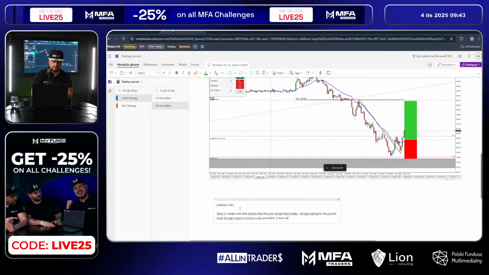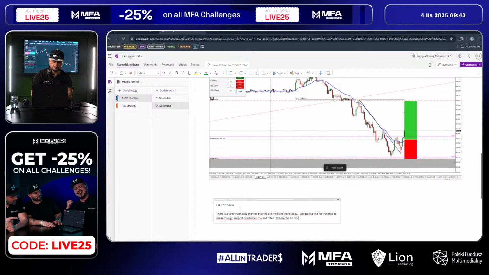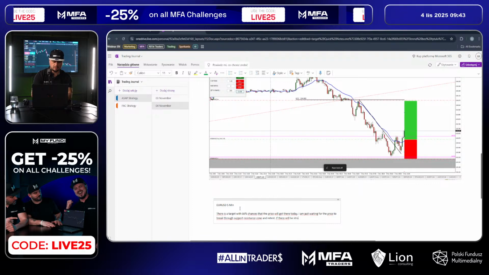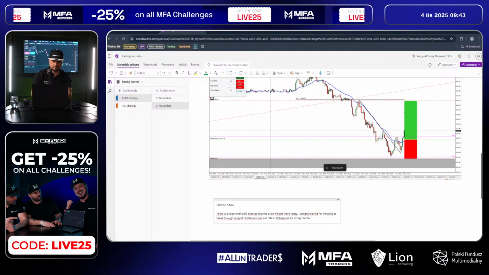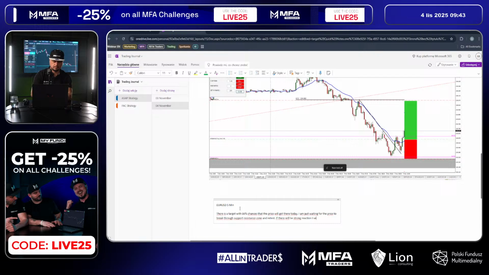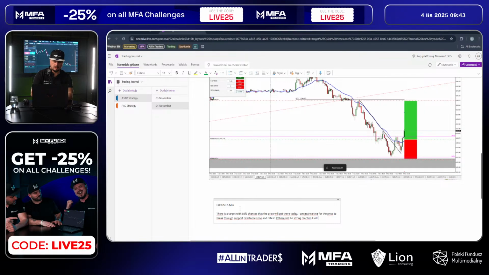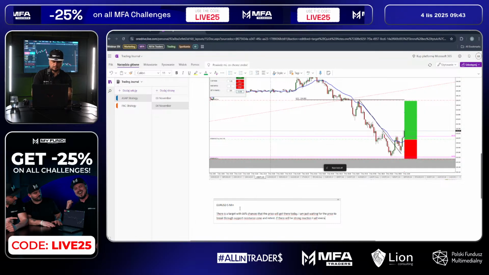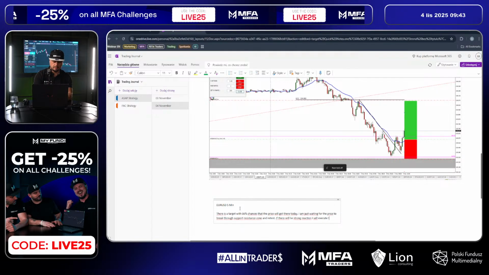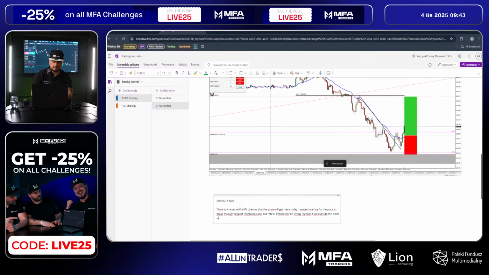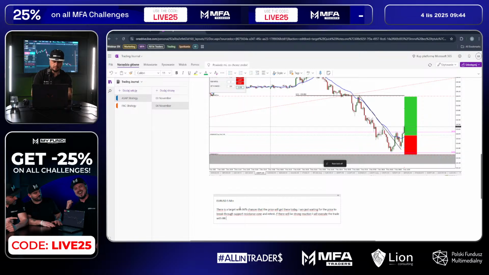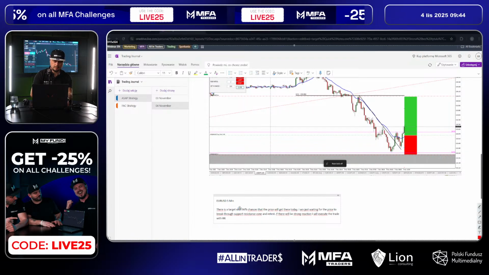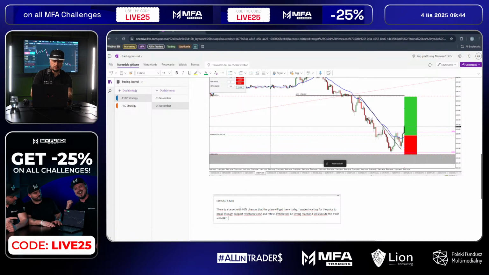If there will be strong move, execute the trade with risk to reward 1 to 2.